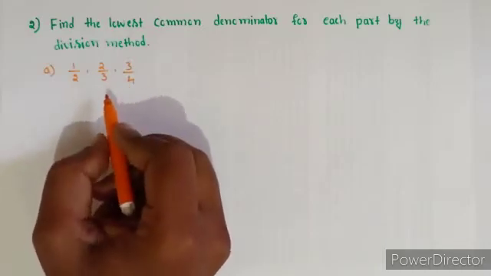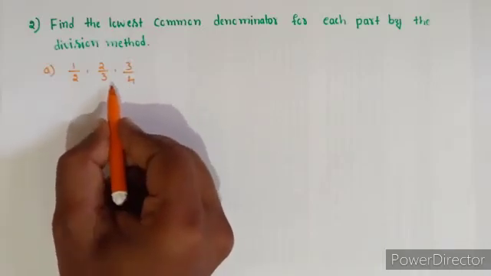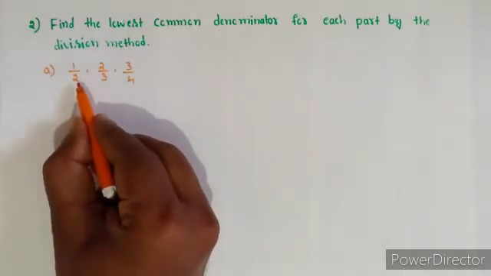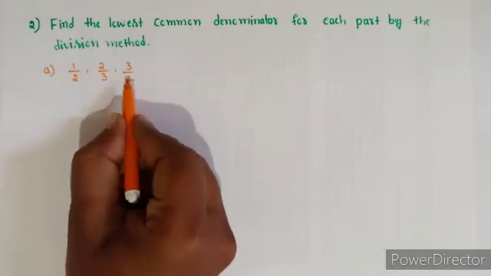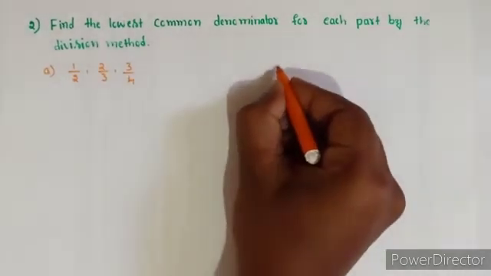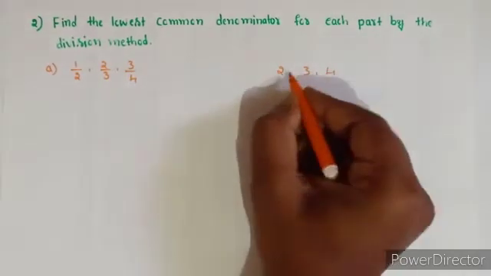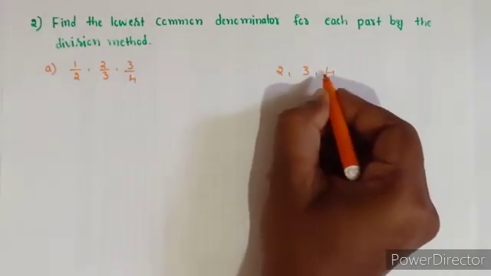Here first we need to find the LCM, lowest common multiple, for the denominators. Okay, 2, 3, 4. All of you see here 2, 3 and 4.